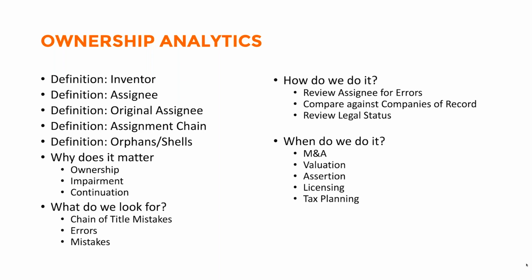So this is the introductory slide from the first class, with a couple little modifications. We're talking about some interesting stuff here today, because ownership is a fairly nebulous and hard to extract aspect of patent analytics.